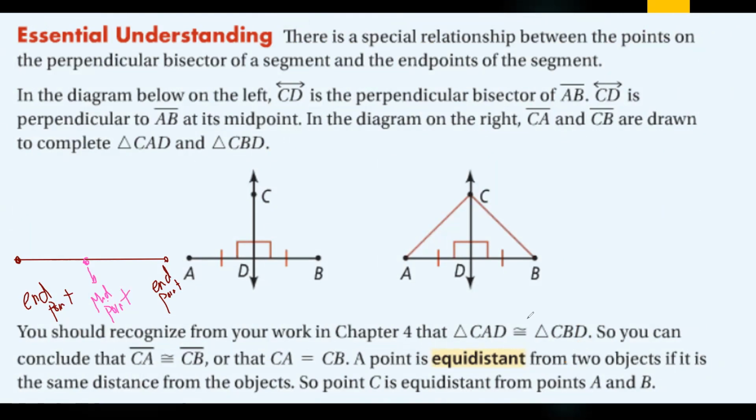And if we have a ray that's drawn from a point and cuts the line in the midpoint, this ray we call the bisector.